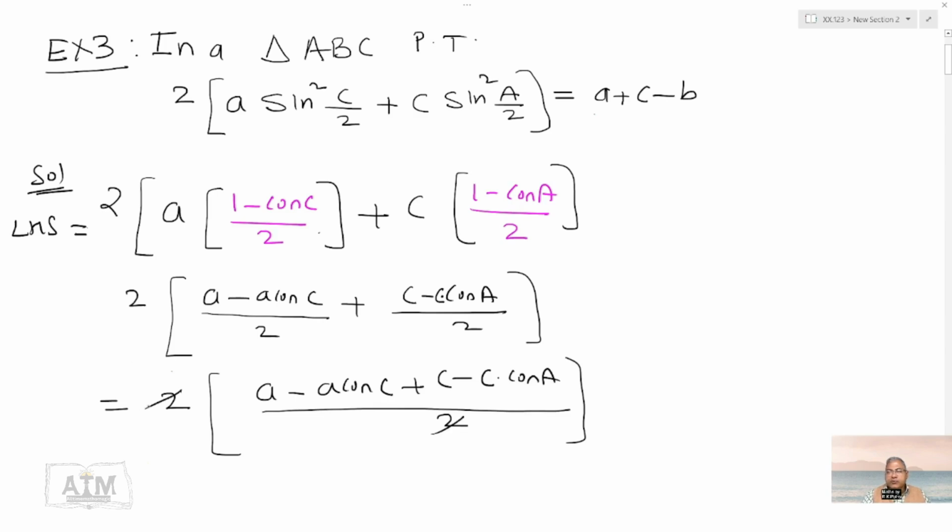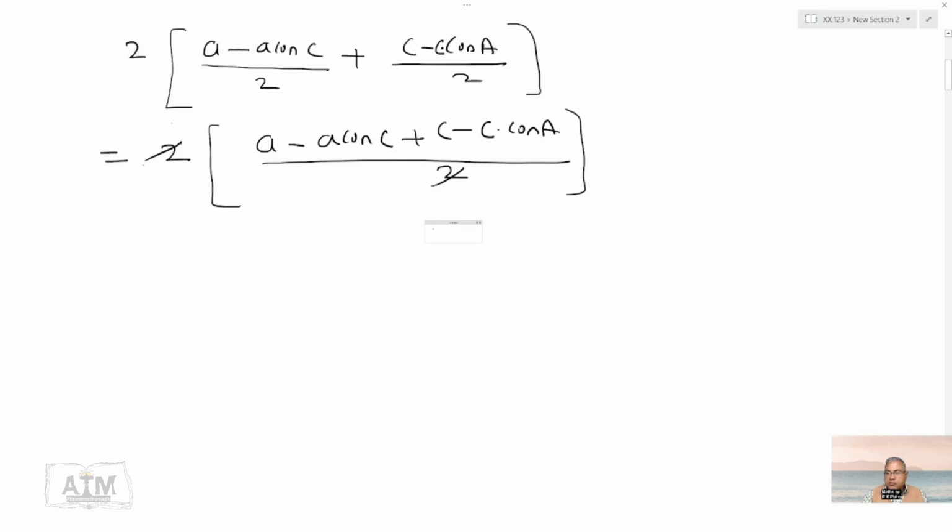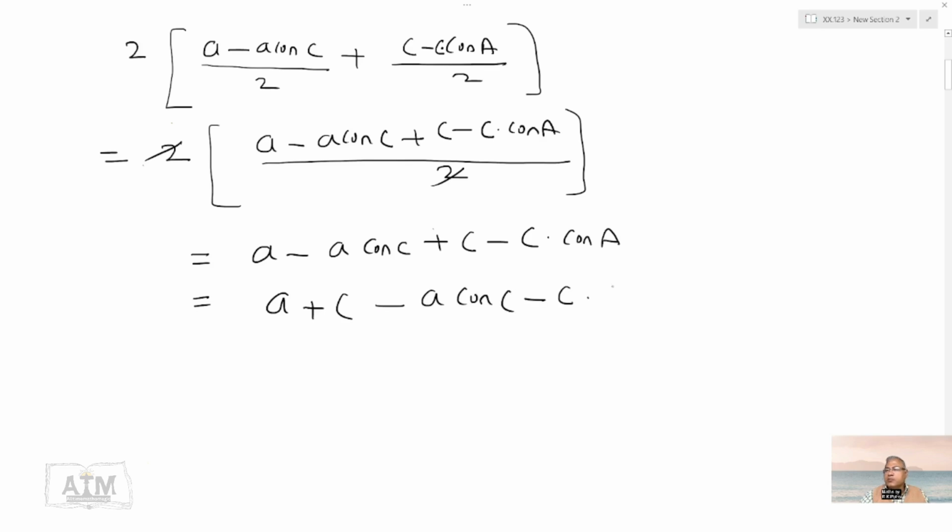These 2 and 2 get cancelled, which is equals to a minus a cos C plus c minus c cos A. So this is equals to a plus c minus a cos C minus c cos A. Taking minus common, a cos C plus c cos A.